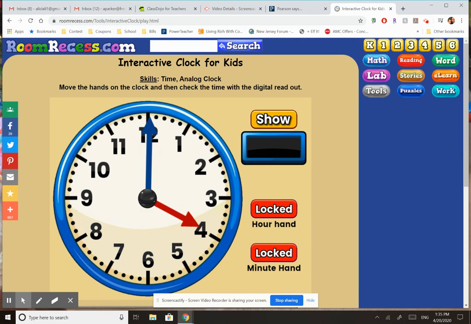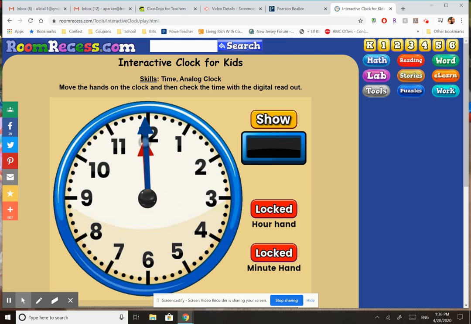So this red hand, right? This is called the hour hand. These big numbers here, 12, 1, 2, 3, 4, 5, 6, 7, 8, 9, 10, 11, 12 are the hours. We usually go around 12 hours, and once it hits this 12, it's called midnight, and it starts over again to 1.